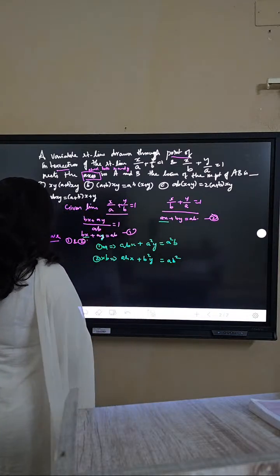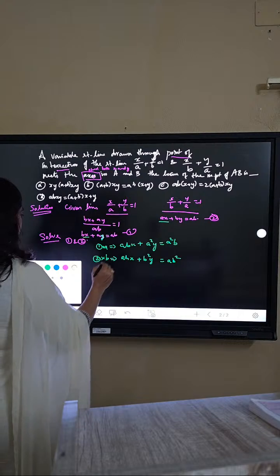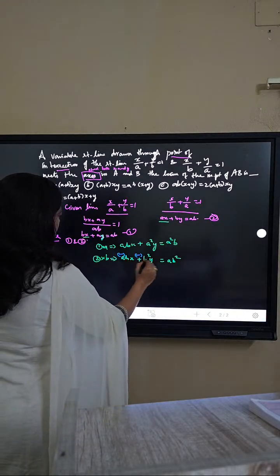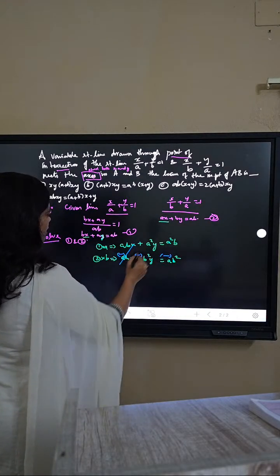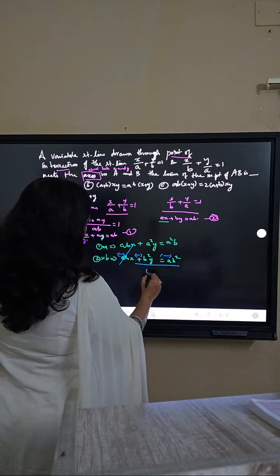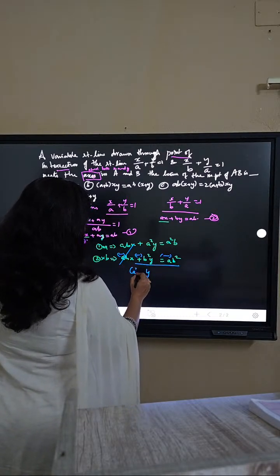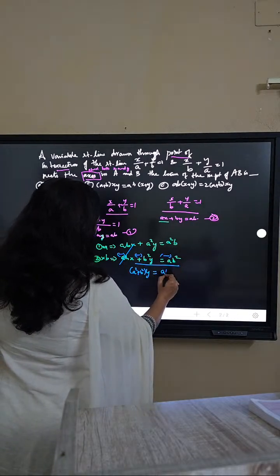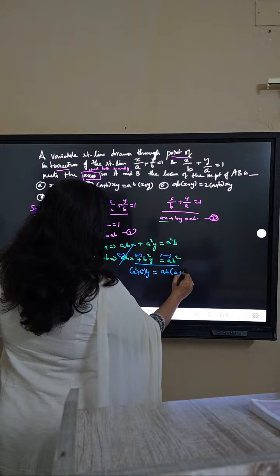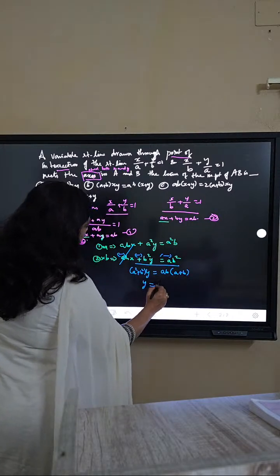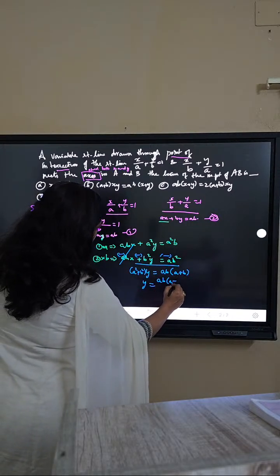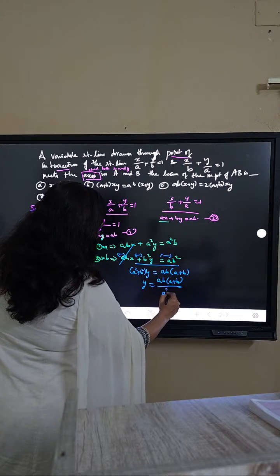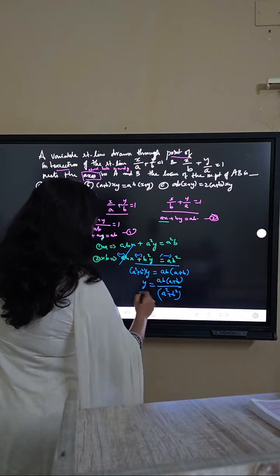Change the sign and solve it. Cancel this, then you will get y. So y into a square plus b square, and taking ab outside, it will be a plus b inside. So y equal to ab into a plus b by a square plus b square. This is y.